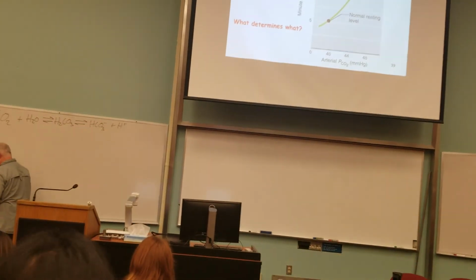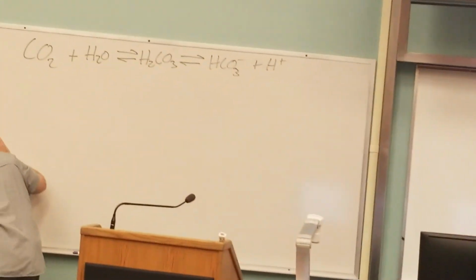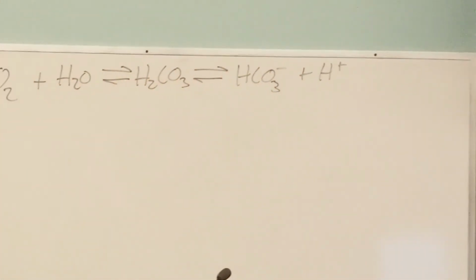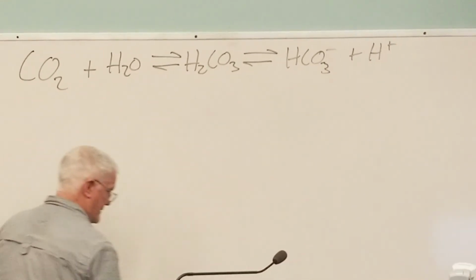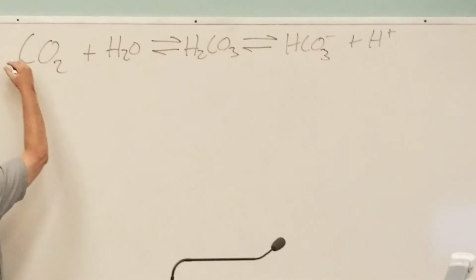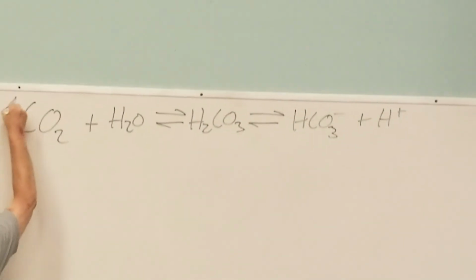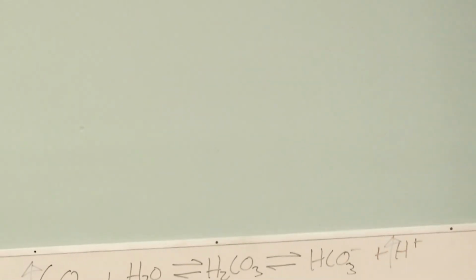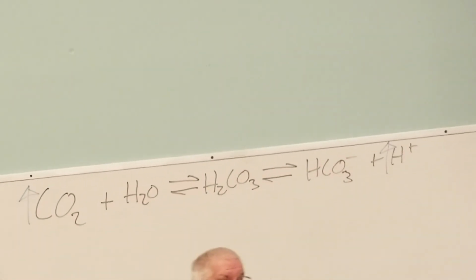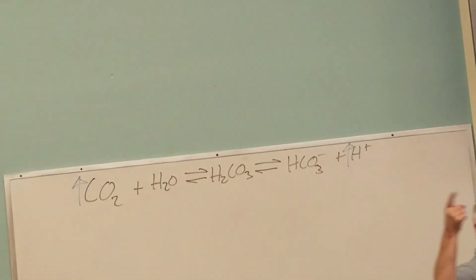So I'm hoping you all would agree that if you had an increase in CO2, that would lead to an increase in hydrogen ions. That's why these two graphs are very similar, right?